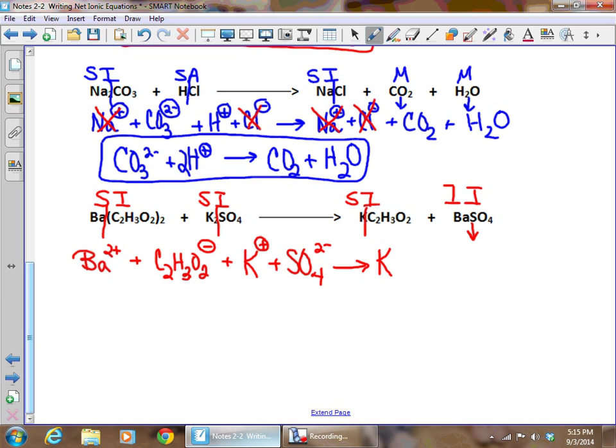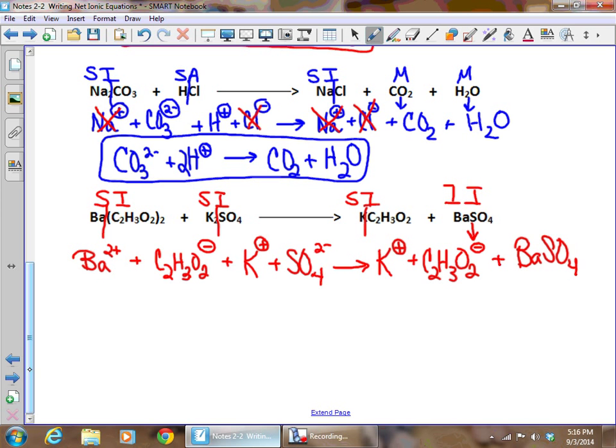And we finish with K plus and C2H3O2 acetate, which has a negative charge, and finally with barium sulfate unchanged because it's ionic. What do we have for our net ionic, for our spectator ions?